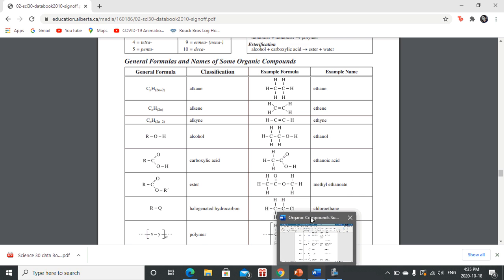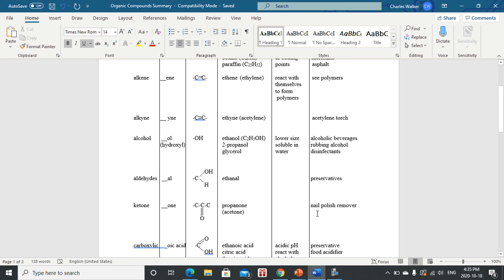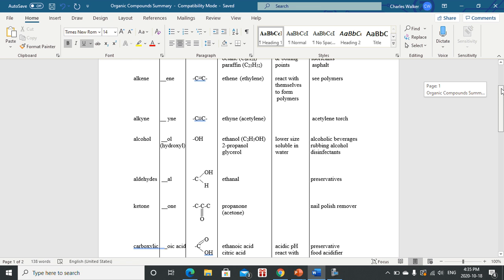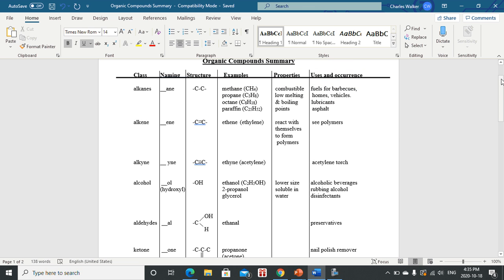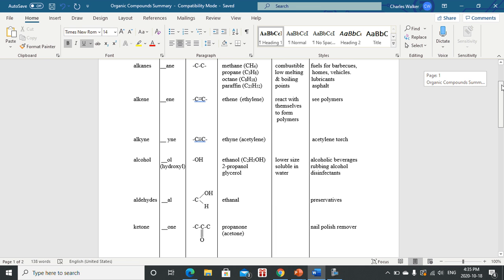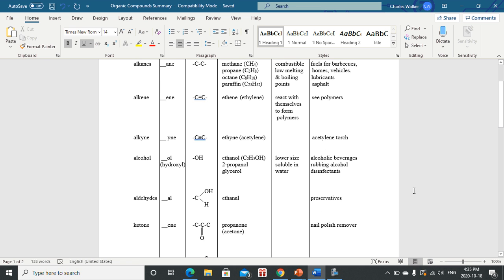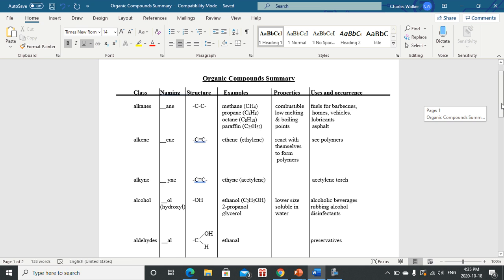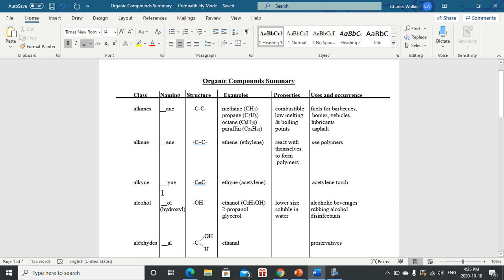And just the one final one here, once again, to help you with the learning of organic compounds. So I give you all of them here as well. The one, again, that you don't need to know are the ketones. That should no longer be in here. You don't need to know ketones for Science 30. But the name at the end, the basic structure, some examples, some properties, and some common uses for those organic compounds.